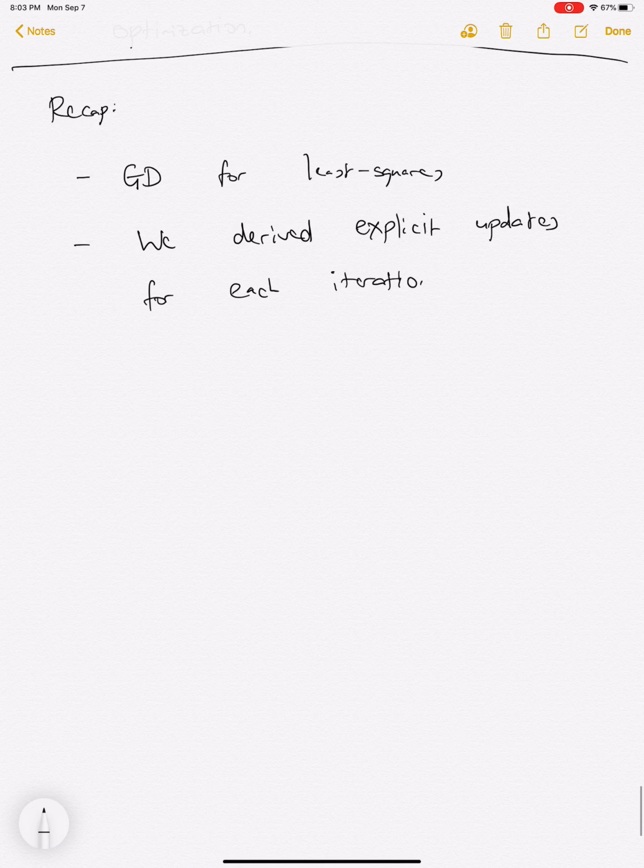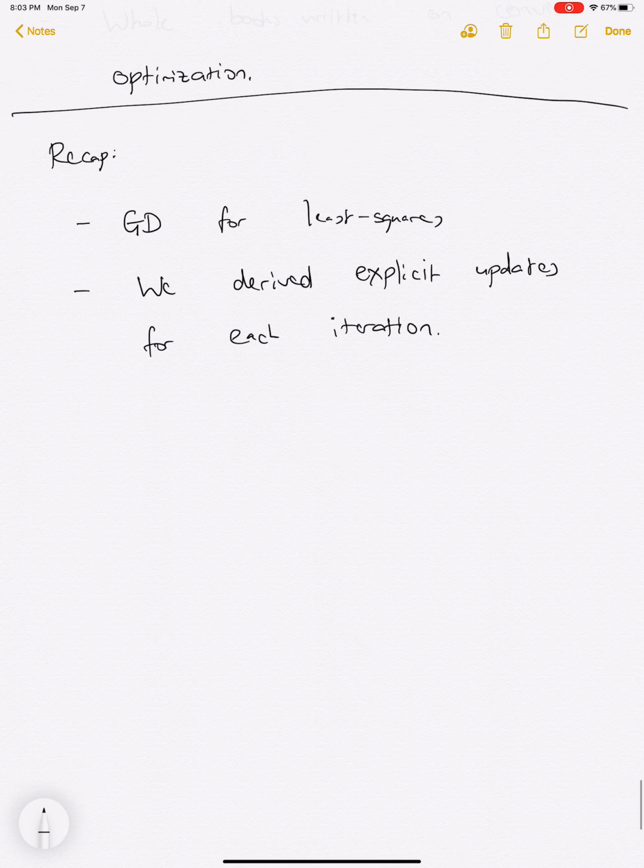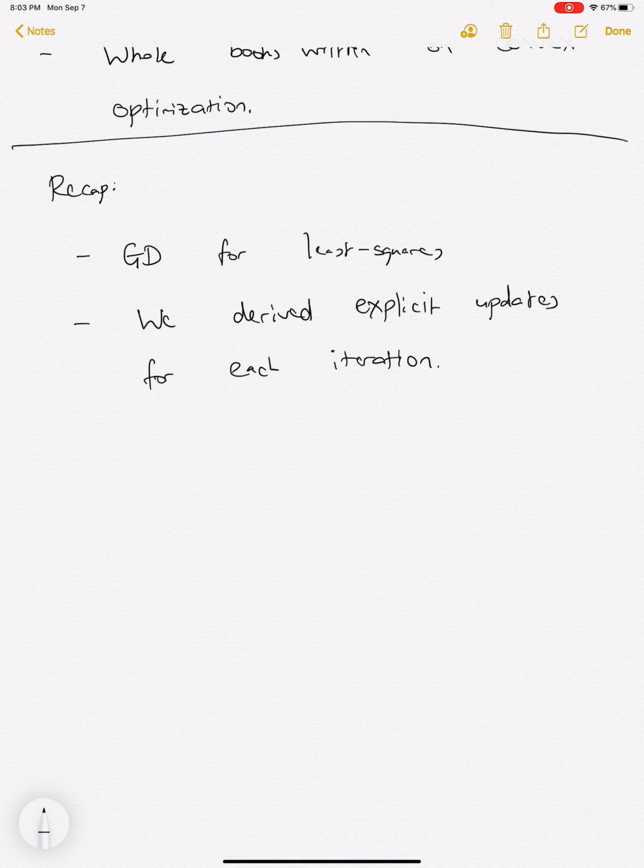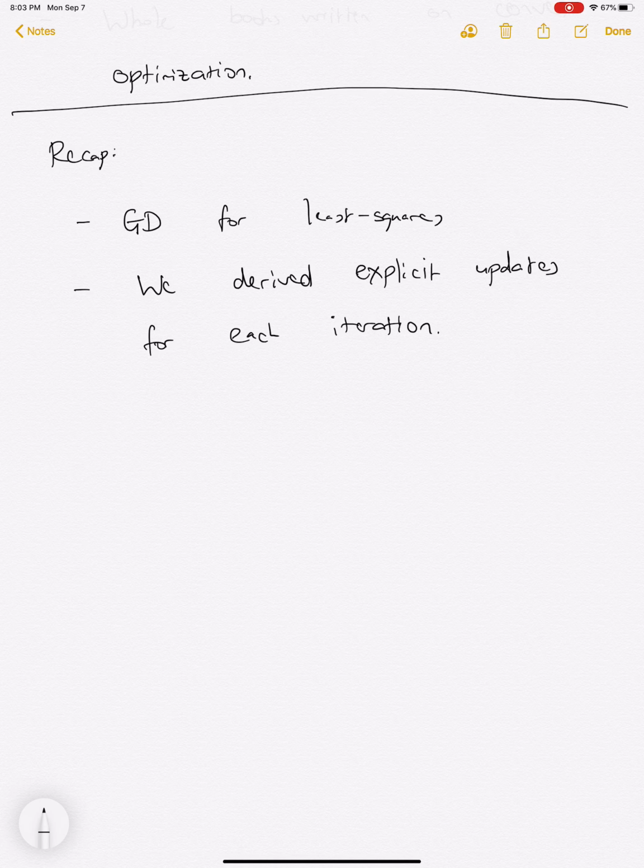This is something we're not typically going to be able to do. We can only do it in this case because we have a quadratic objective. The gradient's linear, so the update equations are linear, which makes everything nice. We derived explicit updates for each iteration, and then found step size conditions to ensure convergence.